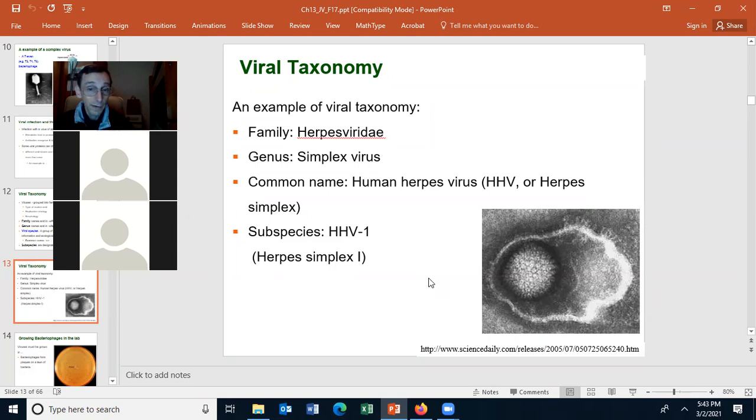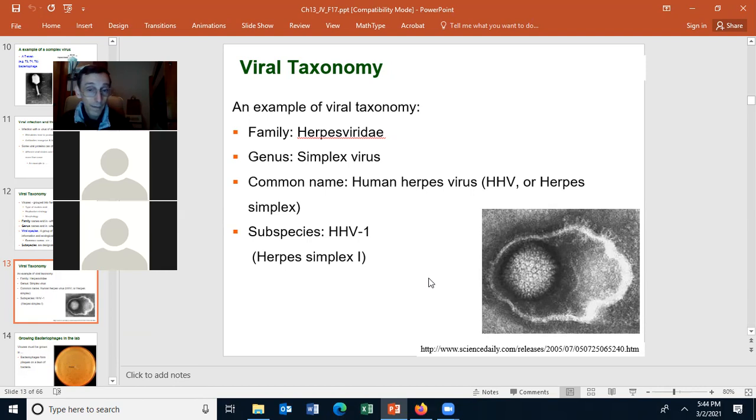It does have another common scientific name, which is not being adopted by most people, human herpes virus, or human herpes simplex. And then the subspecies would be human herpes virus 1 or herpes simplex virus 1.